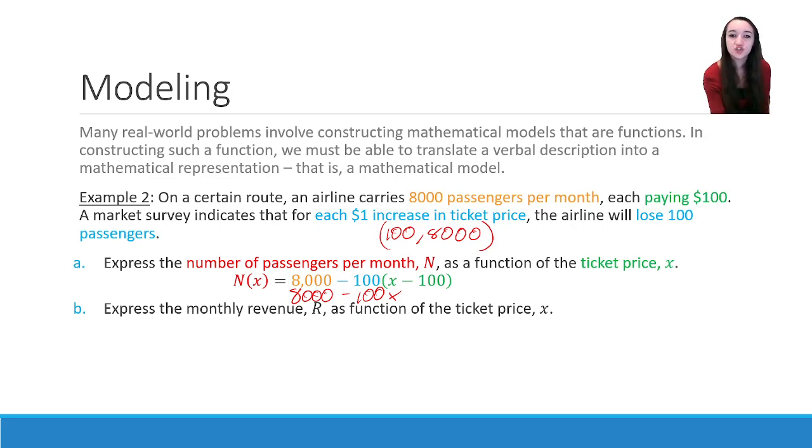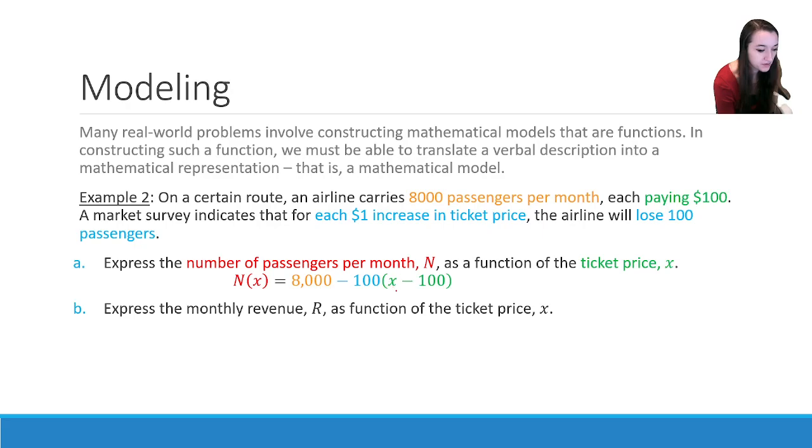Instead, we have to sort of shift where the beginning of our pricing is, because we have this default price. We know that if we pay $100, then we get those 8,000 passengers. So if we start from 100 and work our way down, then we can come up with a better equation that actually will fit this point. If I plug 100 in here, 100 minus 100 is 0, so I haven't lost any passengers.